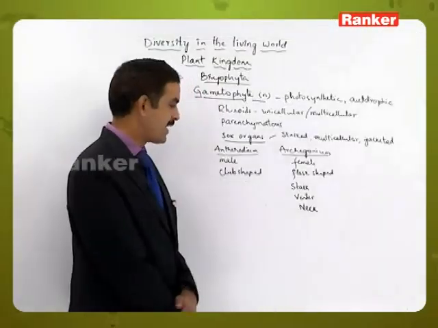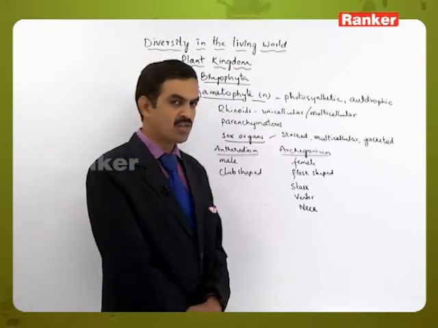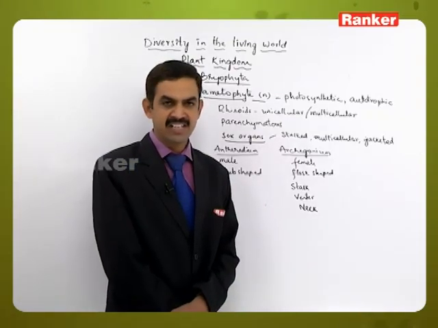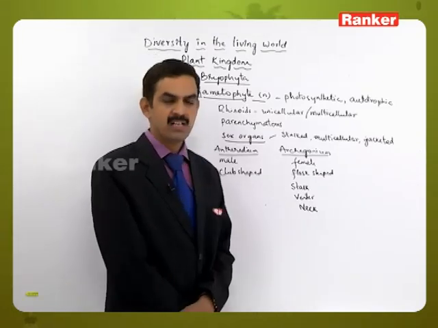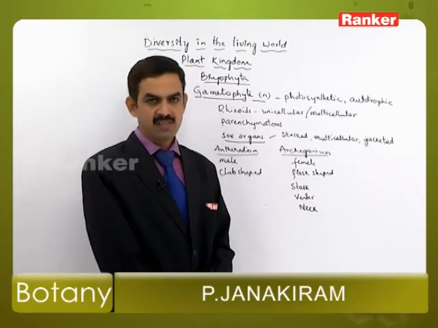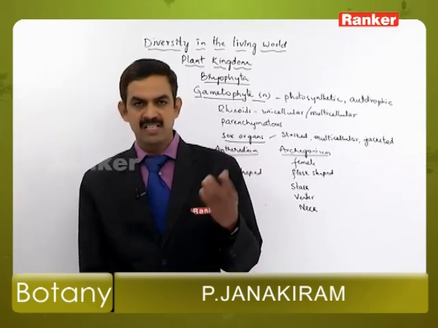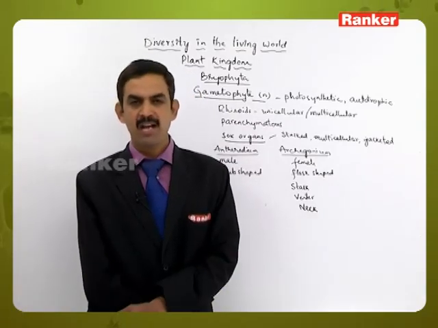The venter is covered by two layers of jacket and the neck is surrounded by one layer of jacket, and above that the cover cells are also there, and whenever the cover cells are removed, it helps as a passage for the male gametes.